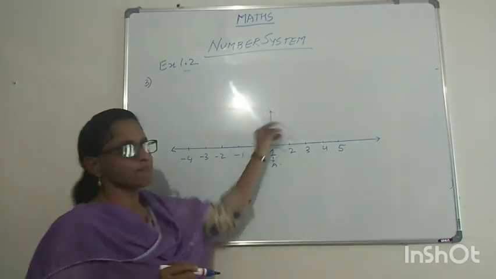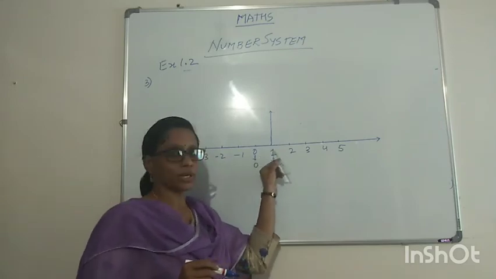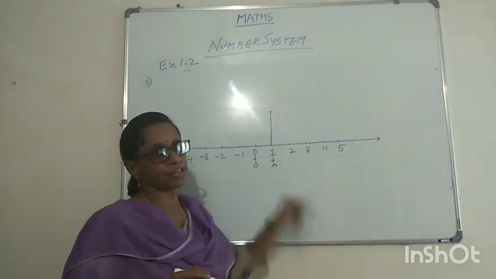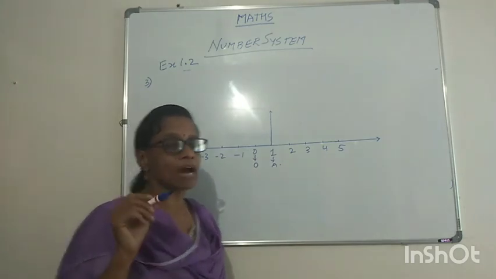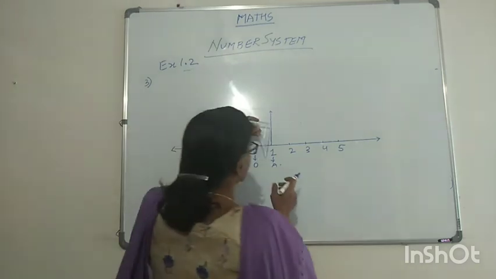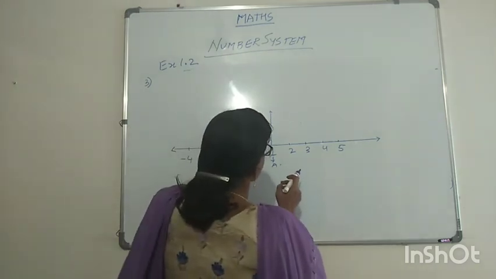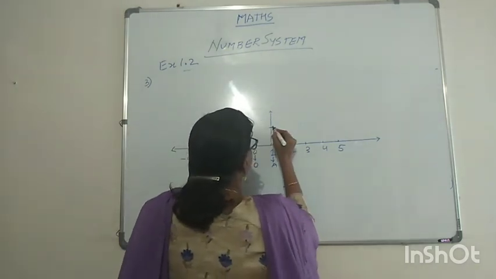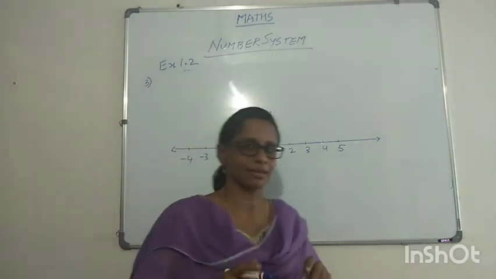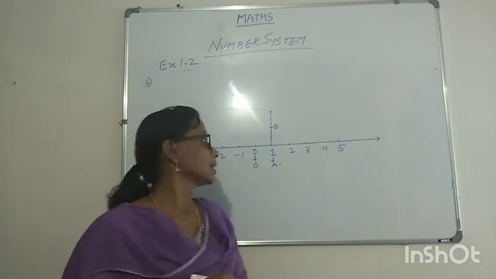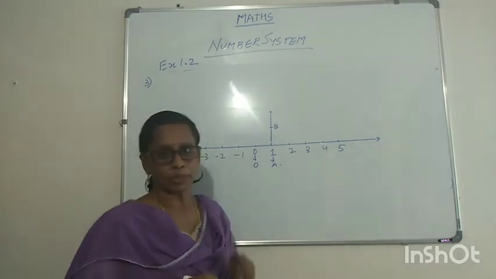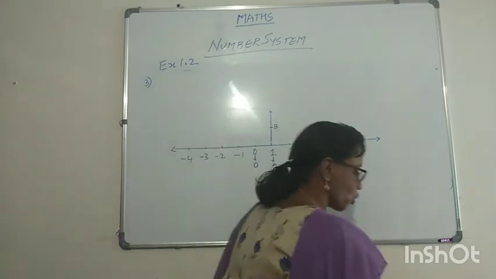Now whatever measure OA was, that same measure you should have on that line also, and that's how you're going to get the point B. So for the measure that I had taken there, I will locate that same measure on this, and I will locate the point B. So I've got now the point B. After having got the point B, I will join O to B.